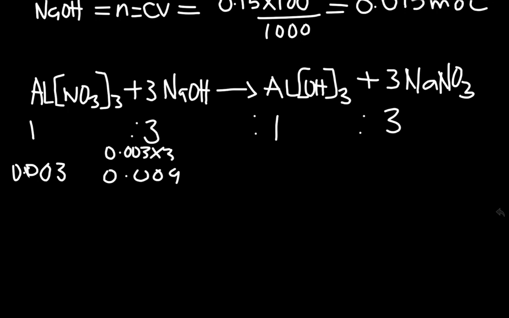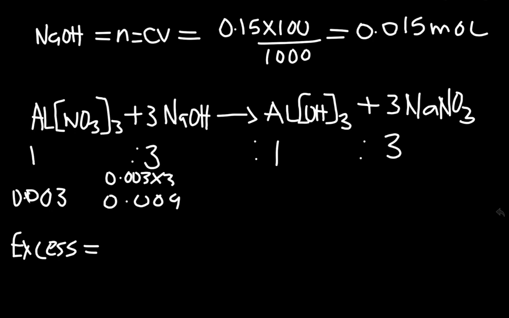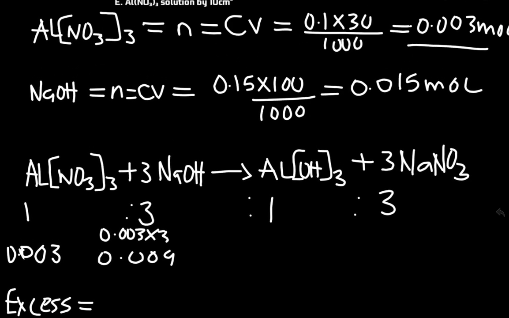Next, we would solve for the excess. So which of them is in excess? If you notice, for the aluminum nitrate, 1 molar ratio of it gives us 0.003, and for the sodium hydroxide it gives us 0.009. And if we go back to our solving from the first step and second step, for the aluminum nitrate we get 0.003, and for the sodium hydroxide we get 0.015.